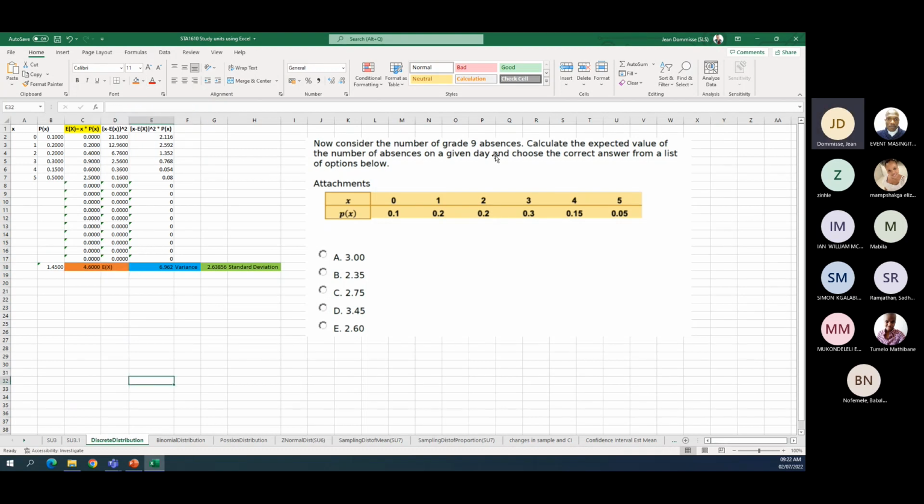Now, grade 9. Calculate the expected value of number on a given day and choose the correct answer from the list. 0.1, 0.2, 0.2, 0.0. Oi, that one was wrong. Yes, Ian. Or did you want to tell me that's wrong?